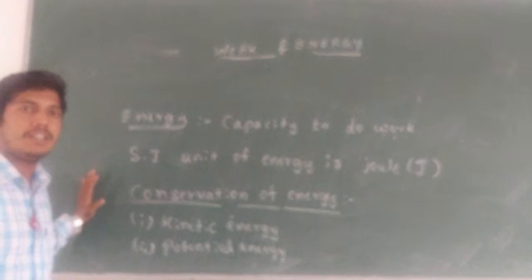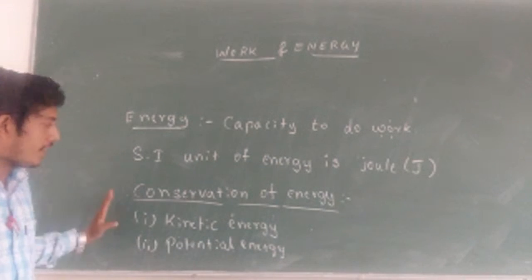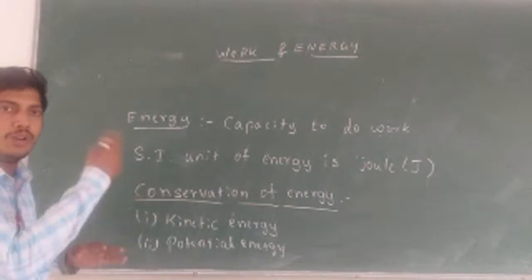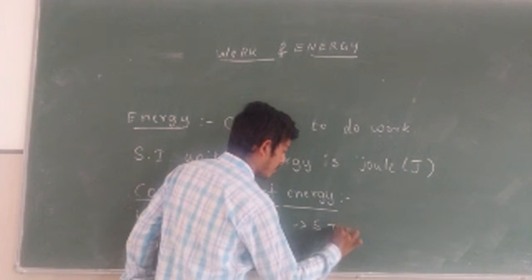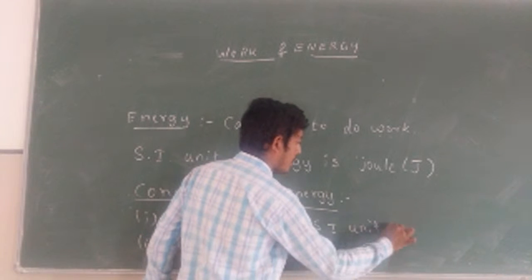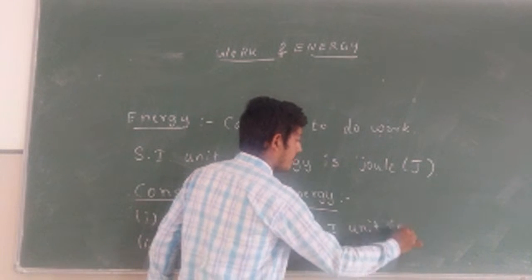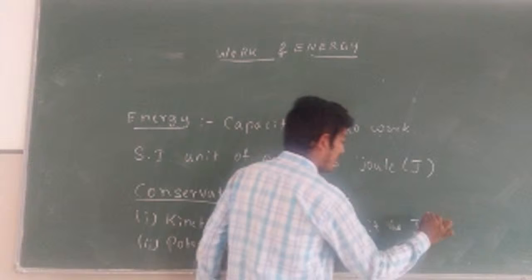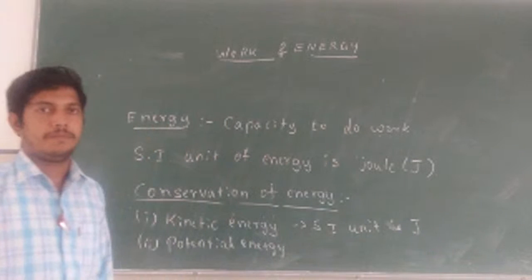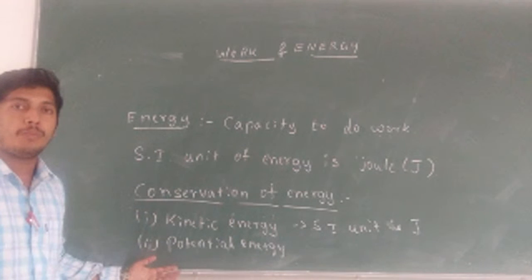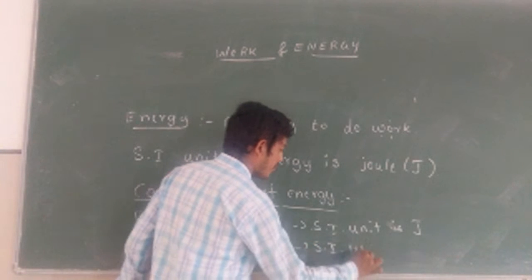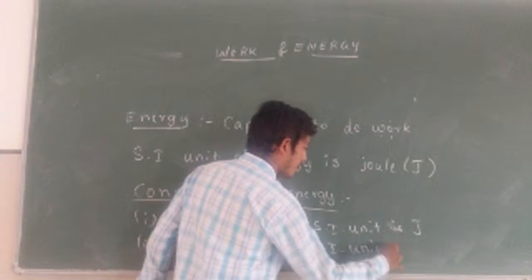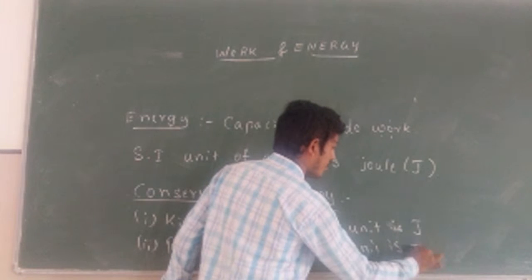So when we talk about the SI unit, kinetic energy is a part of energy, therefore the SI unit is joule or capital J. Similarly, when we talk about potential energy, the SI unit is again joule.